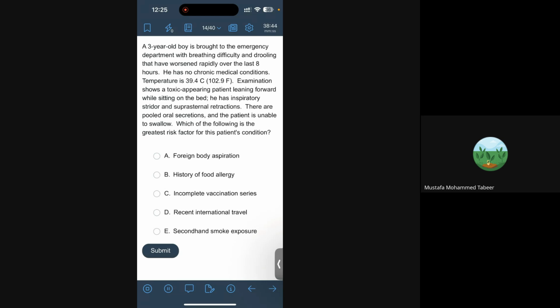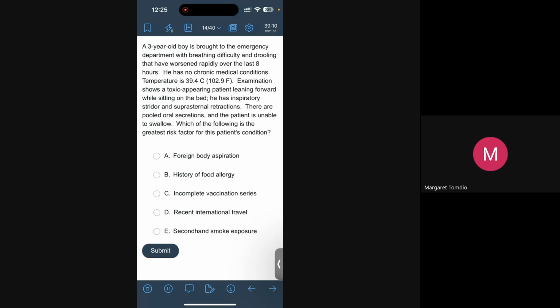Examination shows a toxic-appearing patient leaning forward while sitting on the bed. He has stridor. Stridor is going to be seen in which diseases? Name 2 diseases in which you are going to hear stridor. Croup and epiglottitis. Yes.